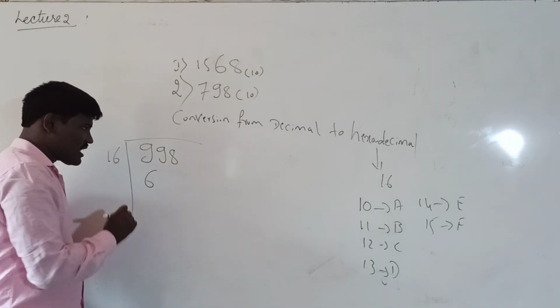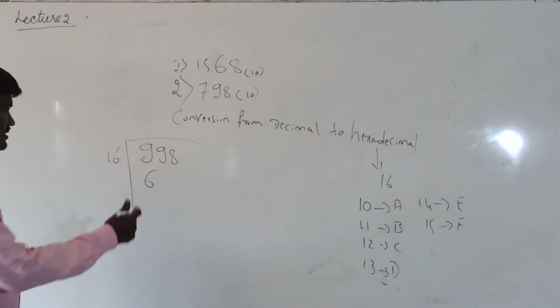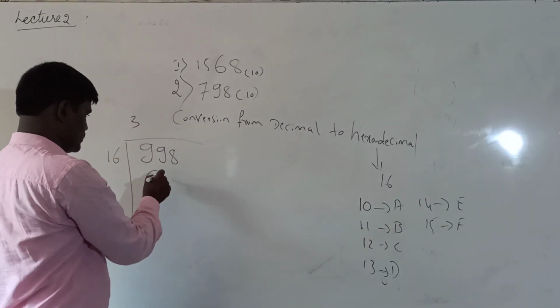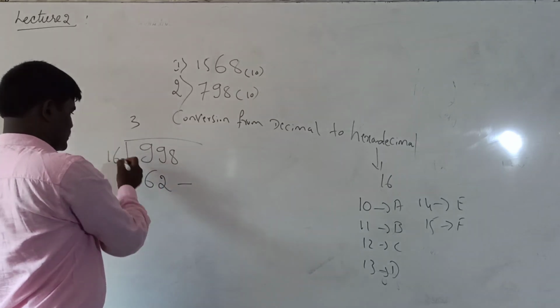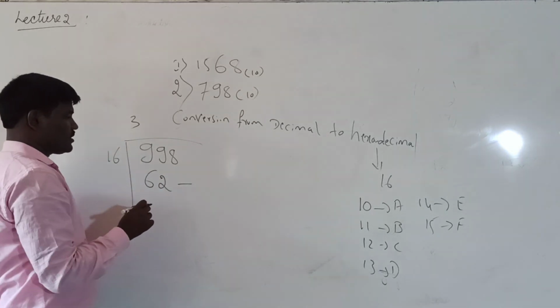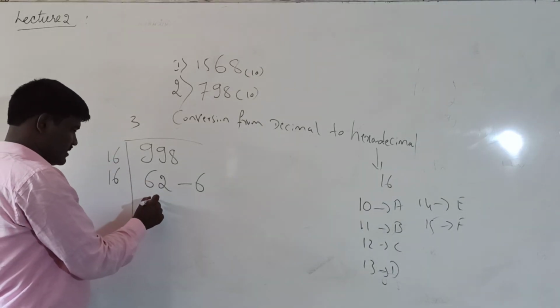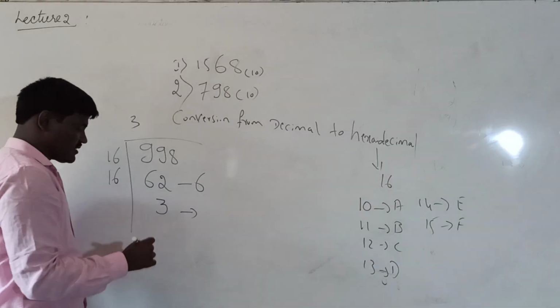16 6s are 96, that is 38. Next is 16 2s are 32. Remainder is 6. 16 3s are 48.